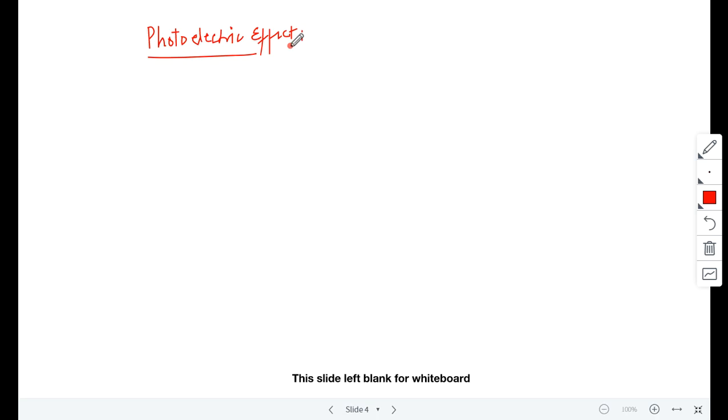When you incident ultraviolet rays, an electromagnetic wave, at the end of this whole experiment we get to know that this ultraviolet ray can knock the electron out of the metal surface. This is known as the photoelectric effect.